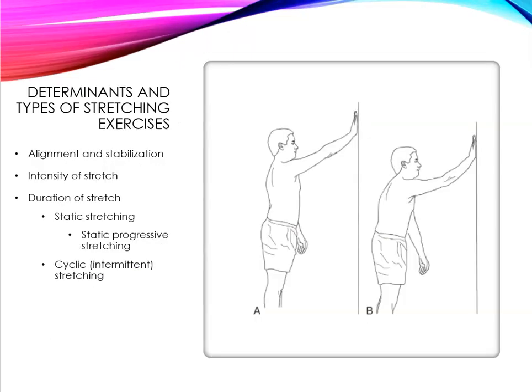Intensity of a stretch. The intensity of a stretch is determined by the tensile load placed on soft tissue to elongate it. There is general agreement among clinicians and researchers that stretching should be applied at a low intensity by means of a low load. Low-intensity stretching, in comparison to high-intensity stretching, is more comfortable for the patient and minimizes voluntary or involuntary muscle guarding, enabling the patient to remain relaxed or assist with the stretching maneuver.